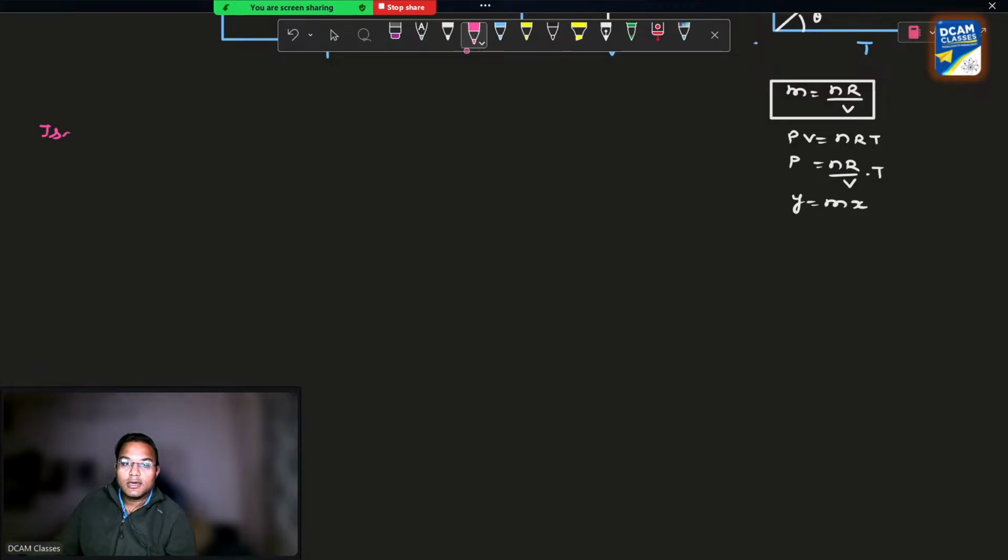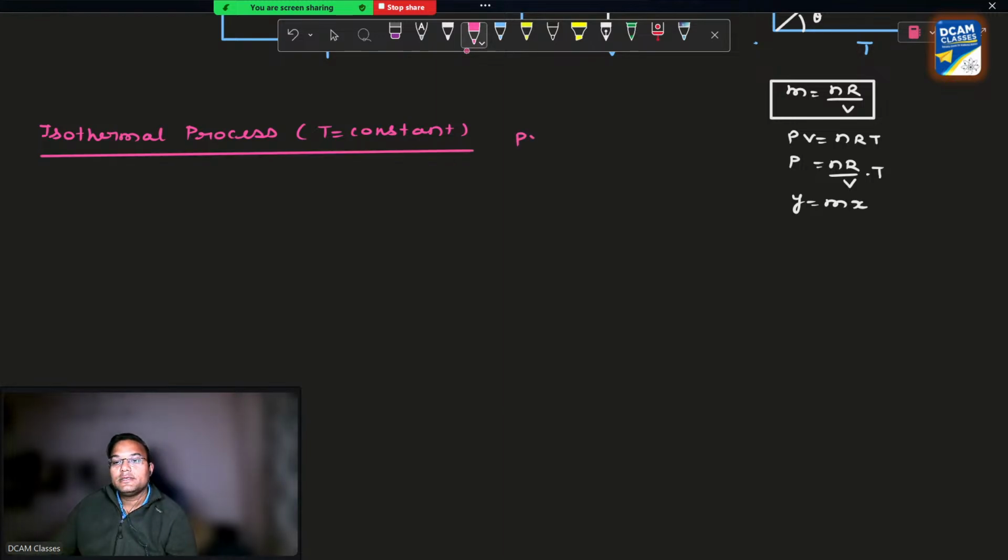No, after adiabatic. Isothermal, temperature is constant. The first thing first, PV is equal to nRT is there. T is constant, so in this you can say PV is constant.